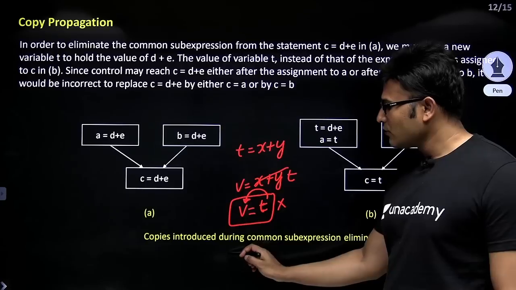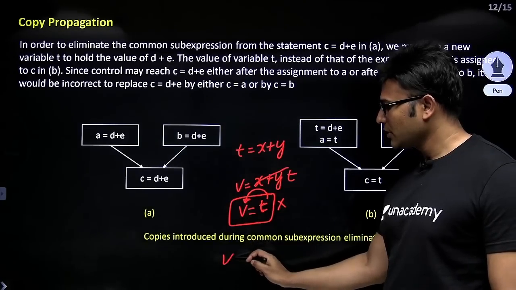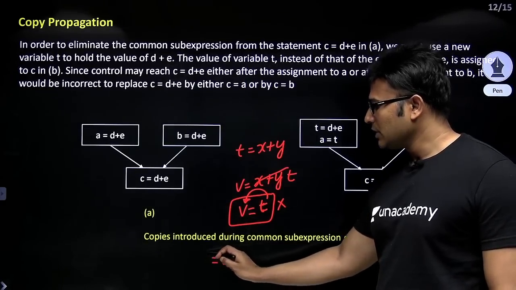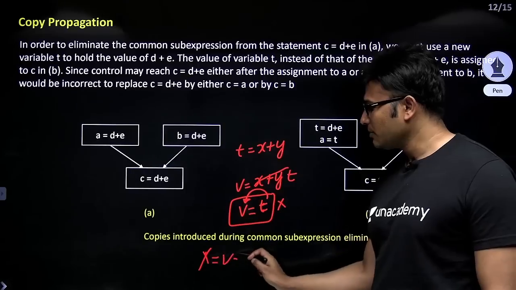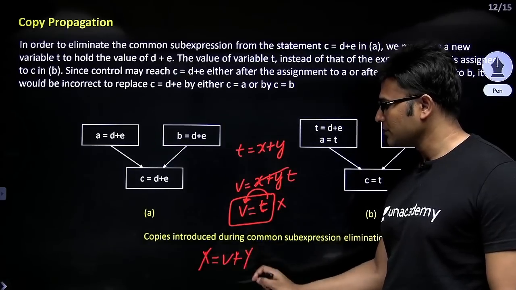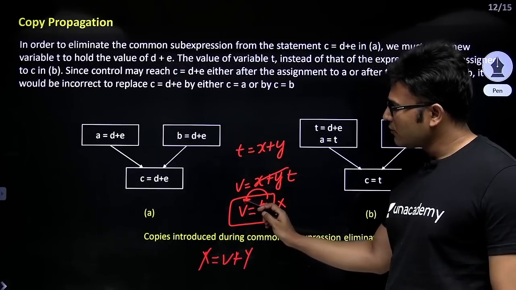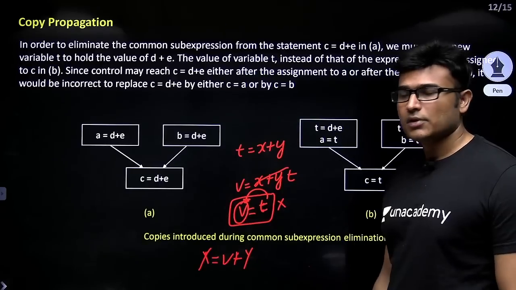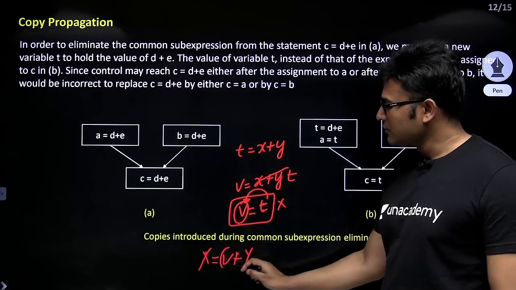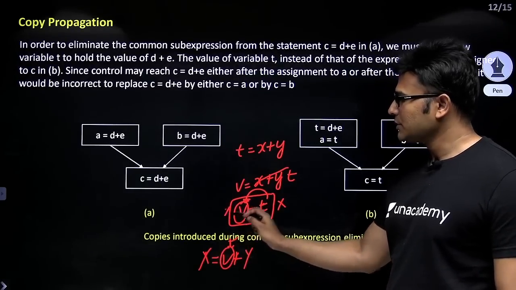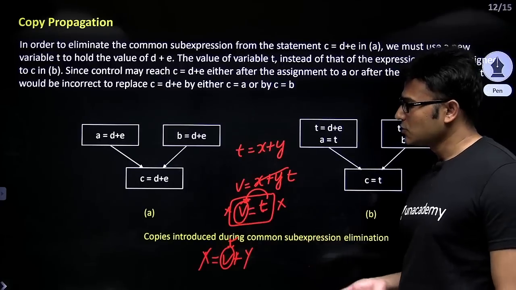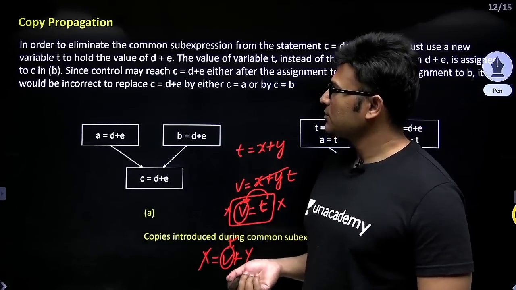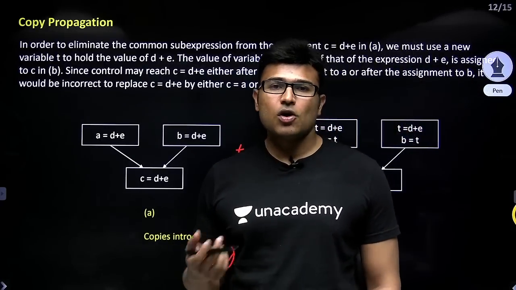Let us say some x = v + y is there. Now wherever v is used, you could directly replace it with t and eliminate this statement. So this is called copy propagation, or sometimes copy elimination.